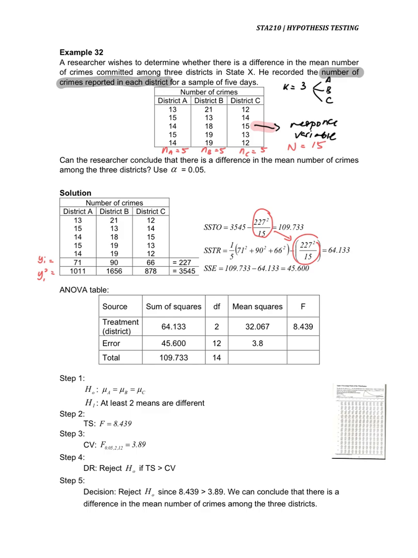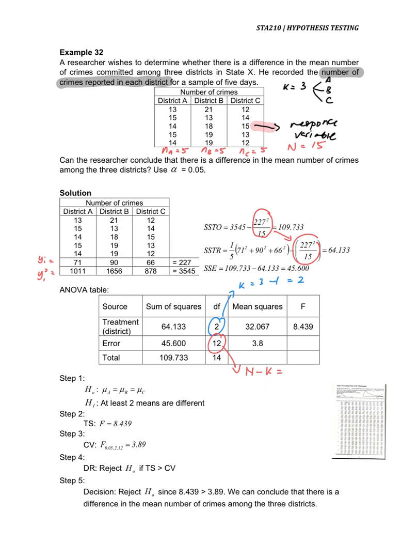Now fill in the values for the degrees of freedom. For treatment, we get 2 because we have 3 treatments, so our k equals 3. 3 minus 1, we have 2. The degree of freedom for error is capital N minus k.